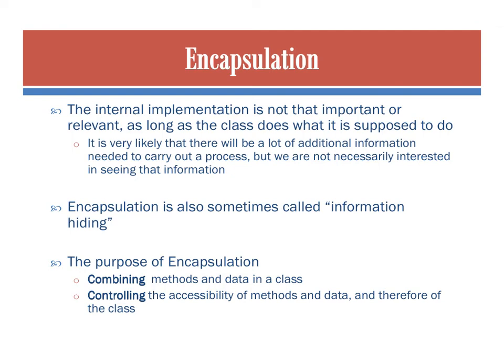And if you modify how that object works, then they'll say, well, it's not my responsibility. So this is basically what we refer to as controlling the accessibility. If we have a class, and that class is supposed to work in a certain manner, then we have to guarantee that it works in that certain manner, and we want to limit access to some internal data or some internal methods, and that's also the purpose of encapsulation.